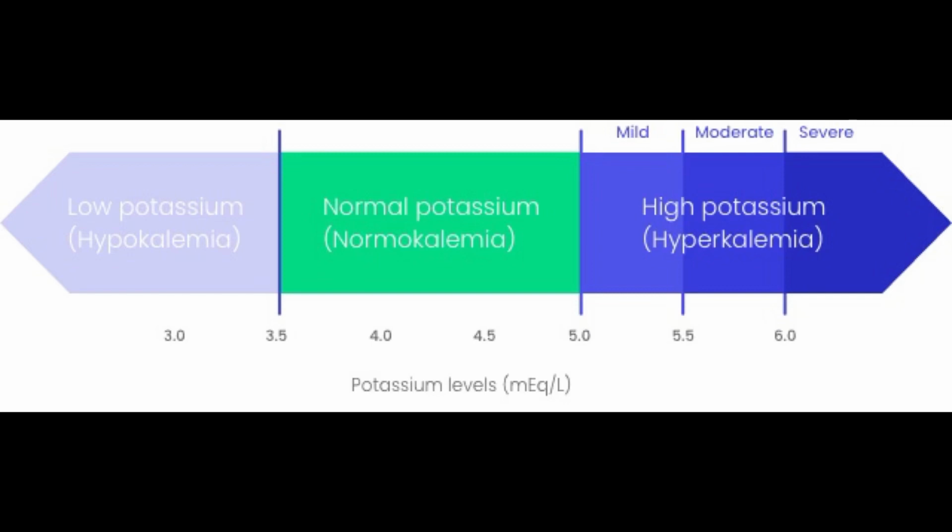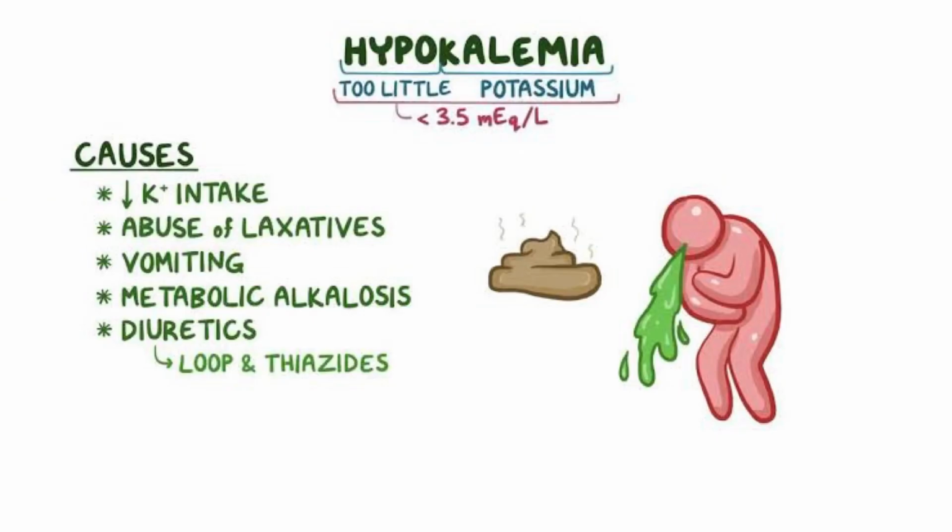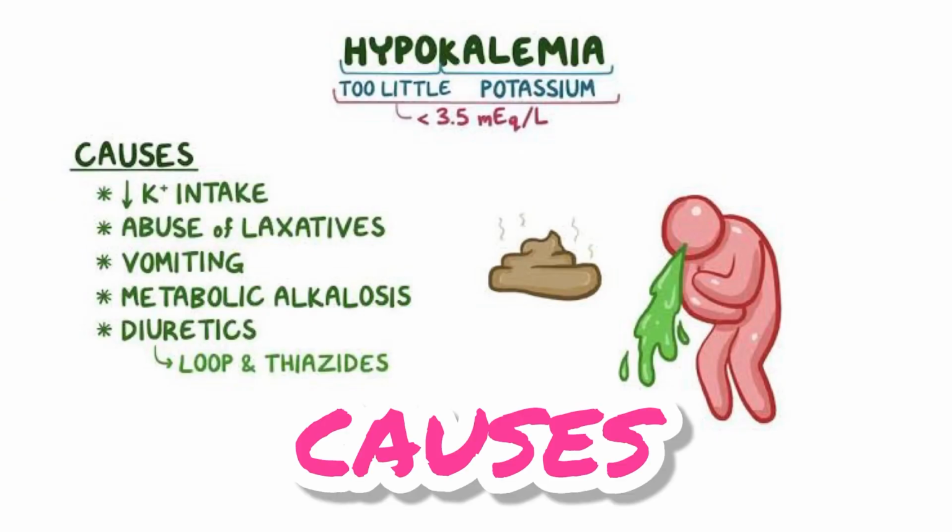Now let's proceed further. We have to discuss the main causes of hypokalemia. See in this picture, the first main cause of hypokalemia is decreased potassium intake. What is decreased potassium intake? It means if you are taking less potassium, your diet is insufficient and does not contain potassium, then there are a lot of chances that you can get hypokalemia.